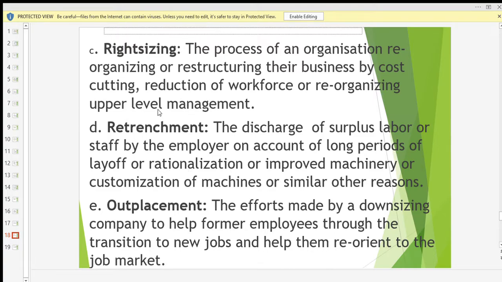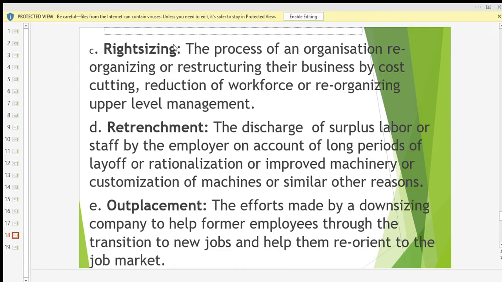Then another form of involuntary laying off was right sizing. Right sizing is the process of an organization reorganizing or restructuring their business by cost cutting, reduction of workforce, or reorganizing upper level management.